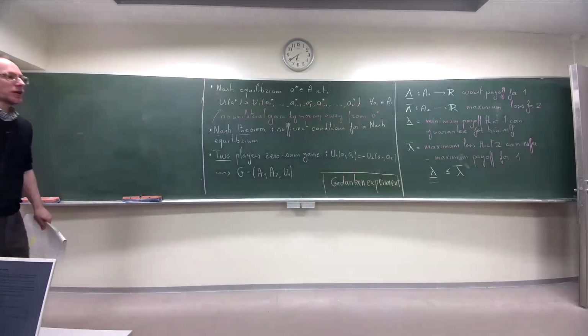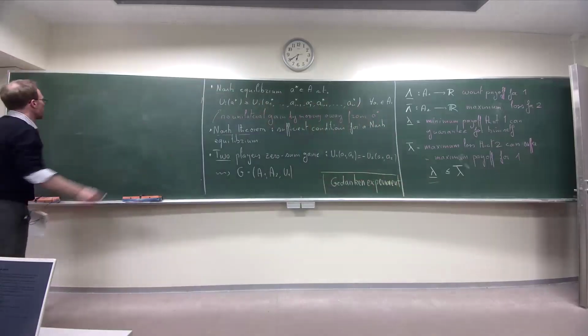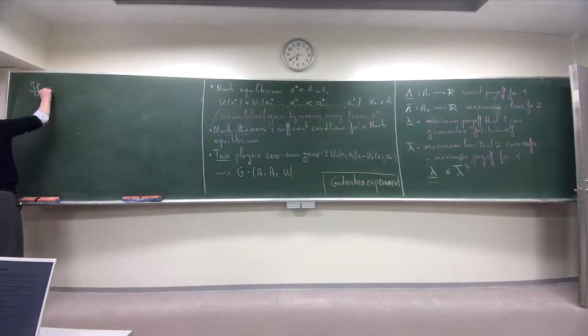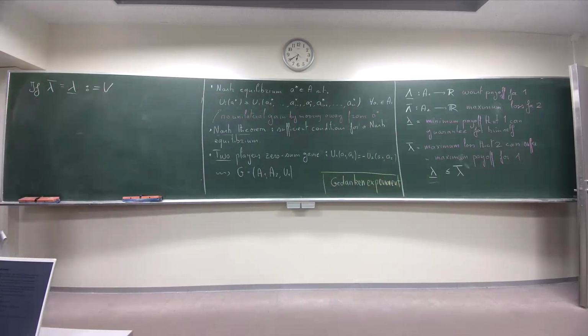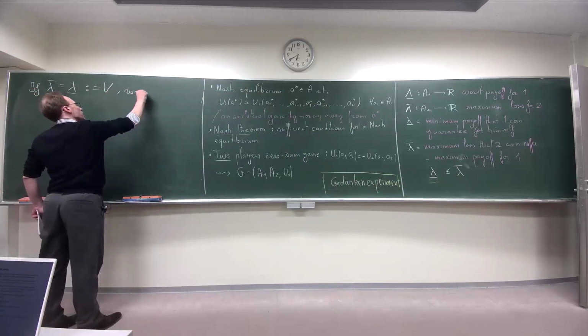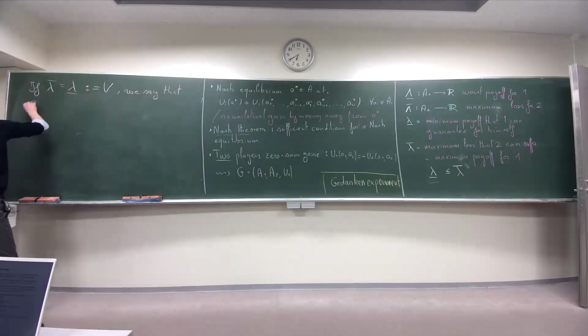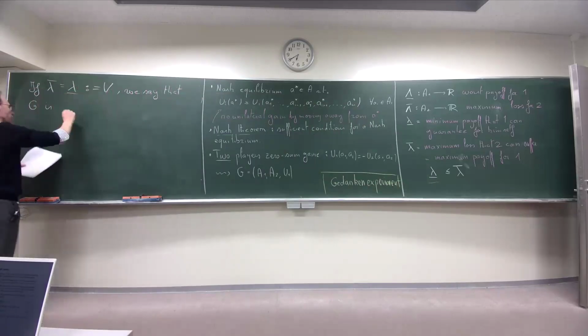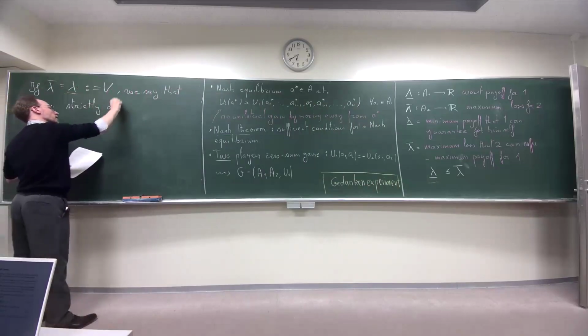We have seen an inequality, but it may happen that we have an equality. So if these two numbers are equal, we call the value you obtain V, and we say that this game G is strictly determined.